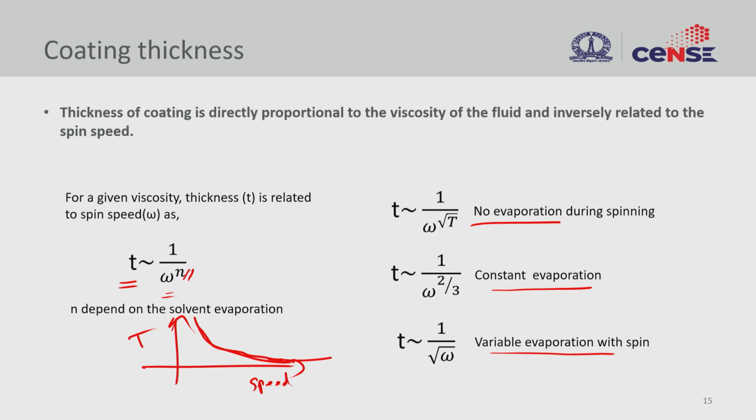This is the low viscosity one. If you have high viscosity, you will always end up with a thicker film. So this is low viscosity, and this is high viscosity. You can take any viscosity and thin it down to achieve a desirable thickness.